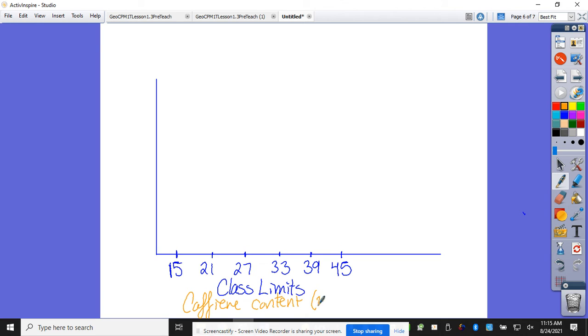And it's what, milligrams? I can say that in the title, which is fine. You're correct, absolutely. But the caffeine content is measured in milligrams, right? Or does it say in this problem? Okay. And then I'm going to stick with what you said then, per 8 ounce serving.